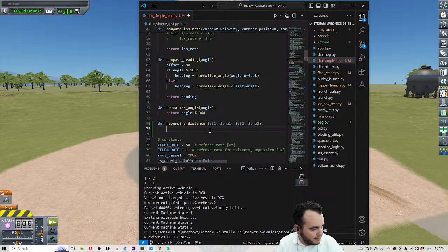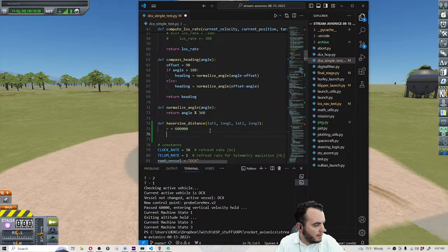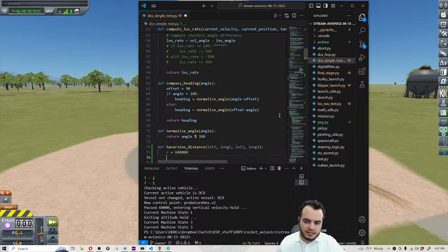So our R is going to be 600,000. And so from there, we're going to need to define our angles, which is really just going to be our latitude and longitude. And I'm pretty sure we're doing that in degrees from the game, so we're going to have to do that in radians.